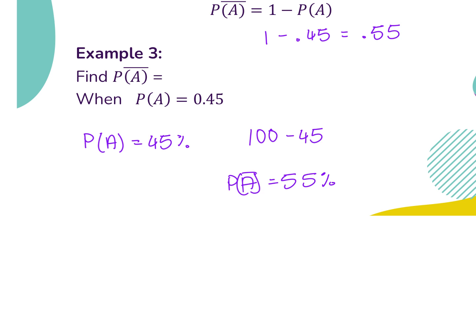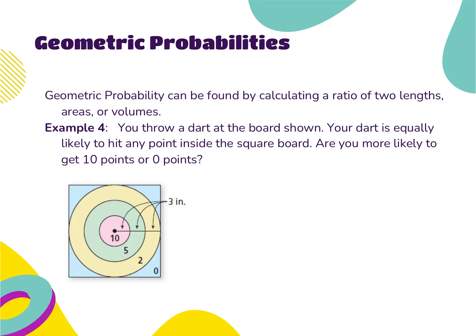Let's say there's a 30% chance of rain. What is the probability that it will not rain? 70%. You just have to subtract it from 100. So 70% that it will not rain. So you're always subtracting. It's the complement.